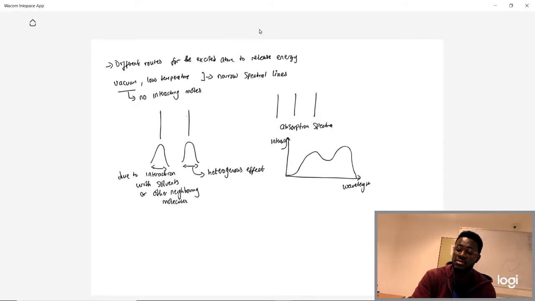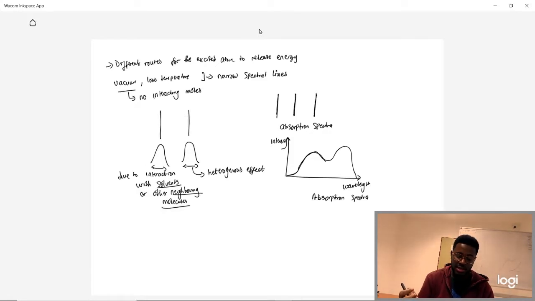This is due to the heterogeneous effect. Solvent and neighboring molecules can cause, instead of lines in your absorption spectra, curves like this.